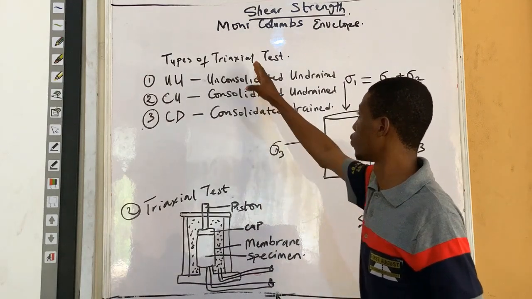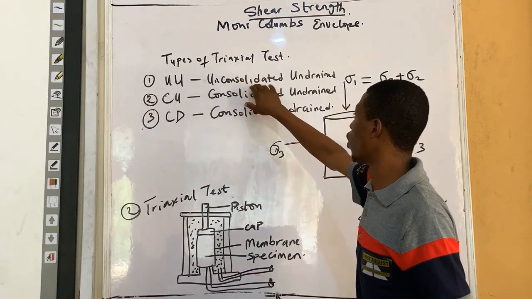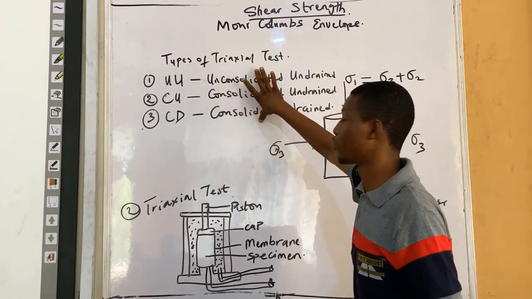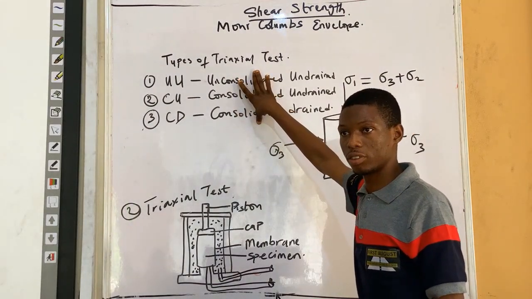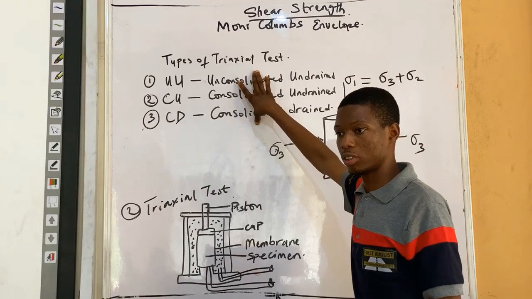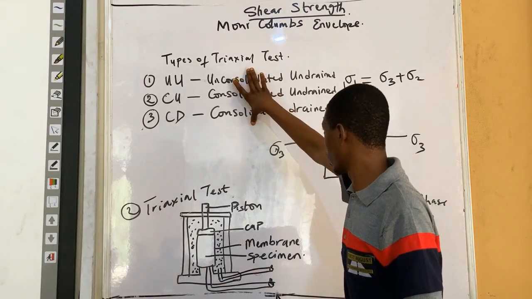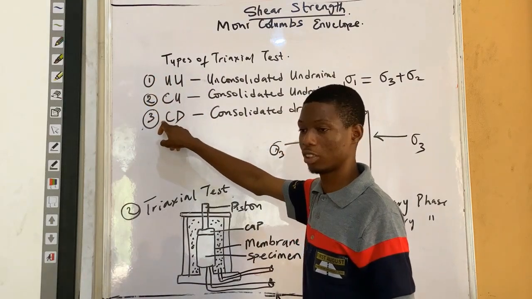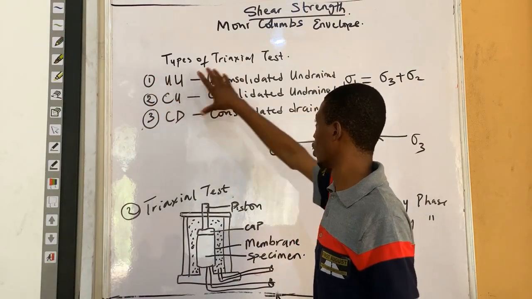So we'll see this first line, unconsolidated or consolidated. It is gotten from the primary phase. Yes, that's the first phase.